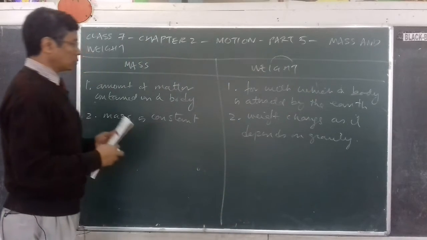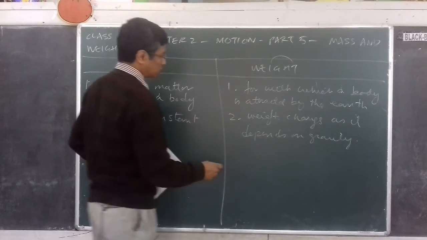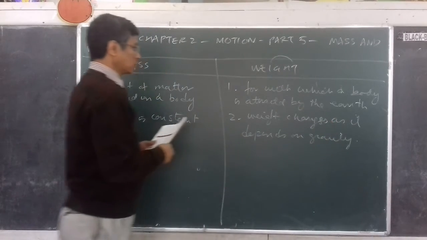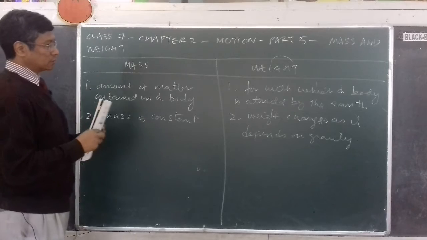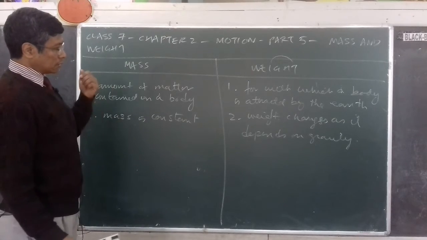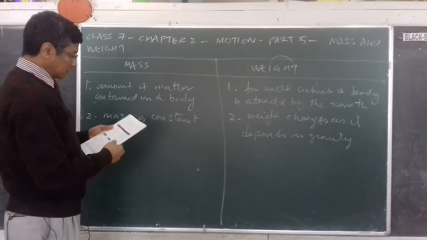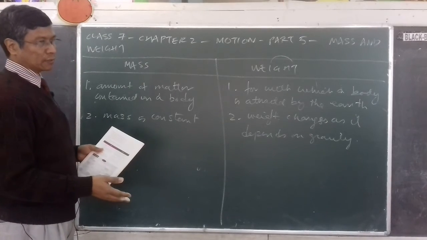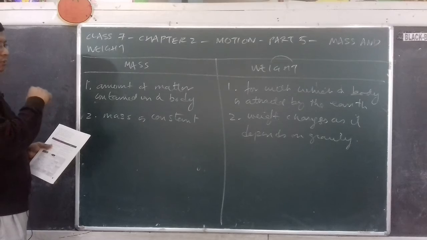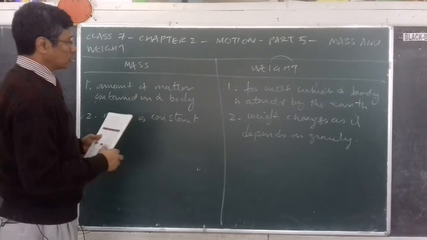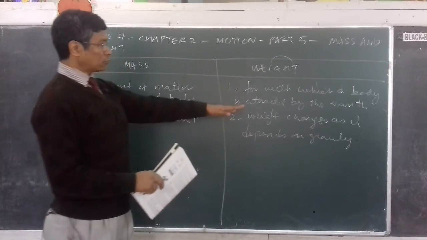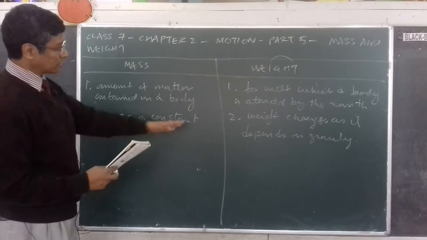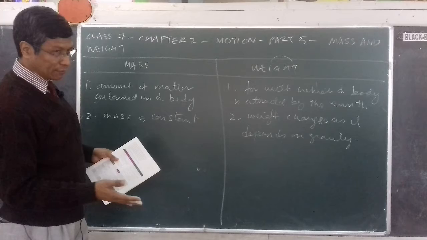Because you have mass, you have a certain weight as you are being attracted by the earth's gravity. As you leave the earth's surface and go higher, the gravity becomes less and you will weigh less, and as you gradually go into space, there is no gravity, so your weight will become zero. You will be weightless and floating about, whereas your mass in space will not change, while your weight will become zero because there is no gravity there.